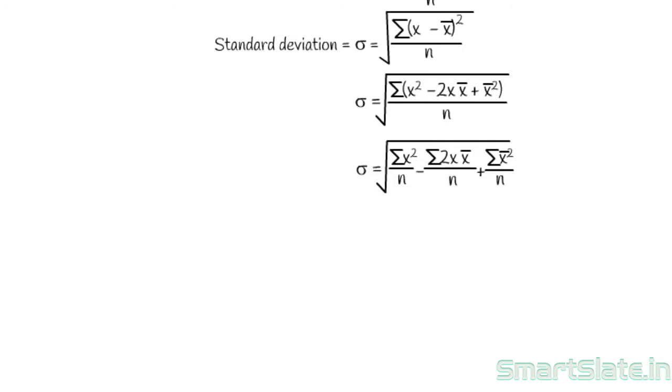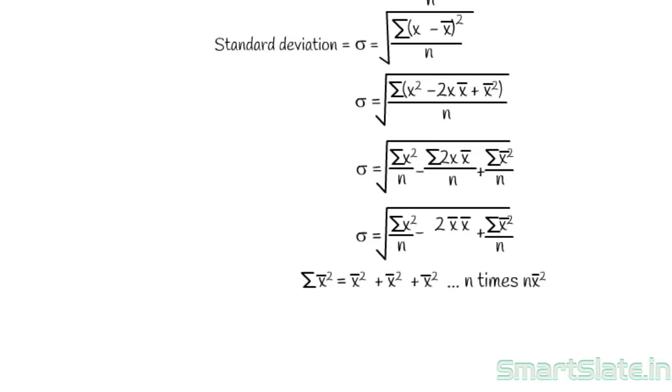Sum of x by n is nothing but the mean, which can be represented as x bar. Hence, sigma is equal to square root of sum of x square by n minus 2 x bar square plus sum of x bar square by n. We know that sum of x bar square is nothing but x bar square added n times. It is basically n into x bar square.